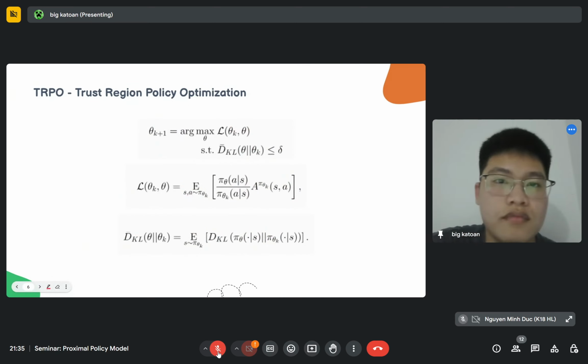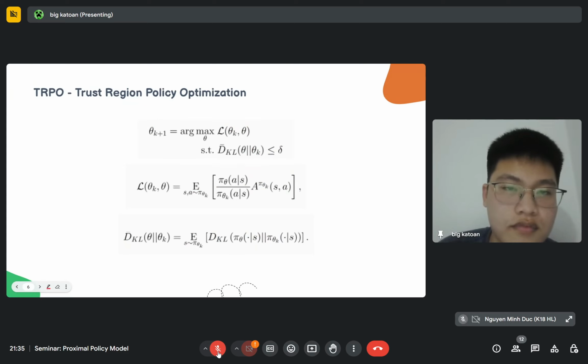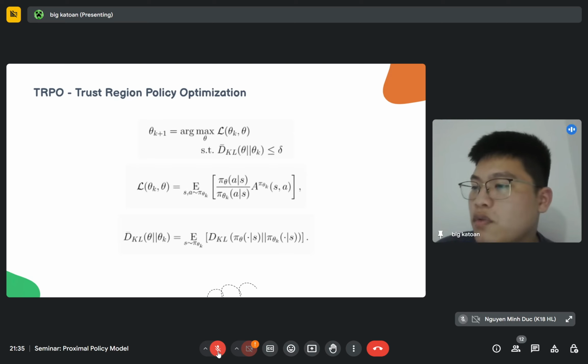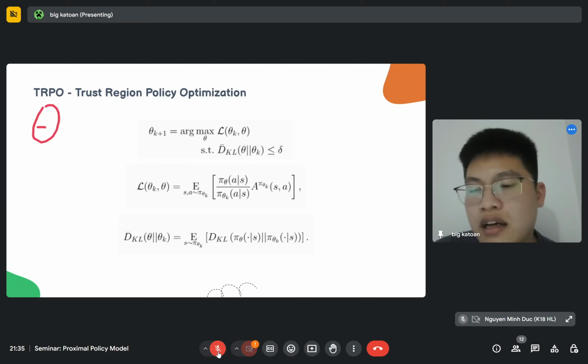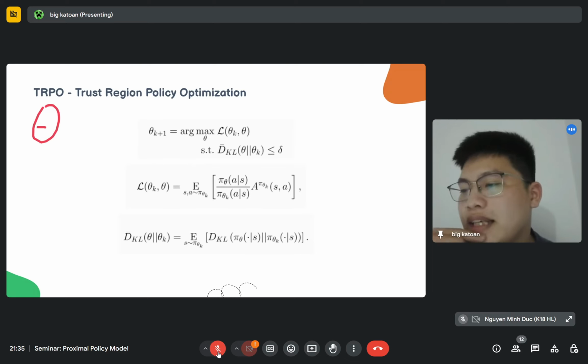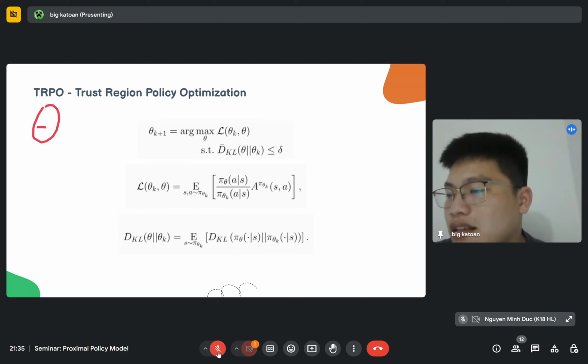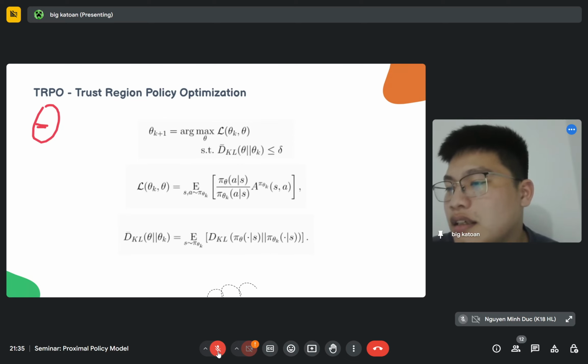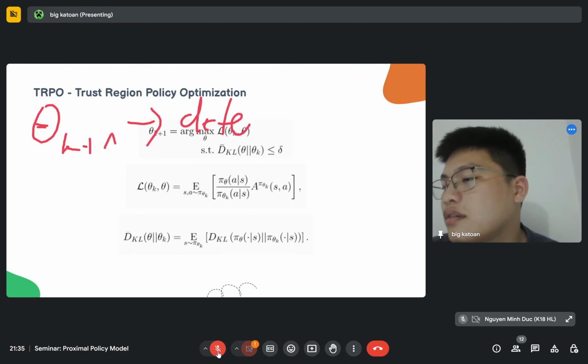What are the three models that we update? The first one is theta k theta. Actually it's pi, but I just call it theta for easy understanding. The theta k plus one is trying to do the best.